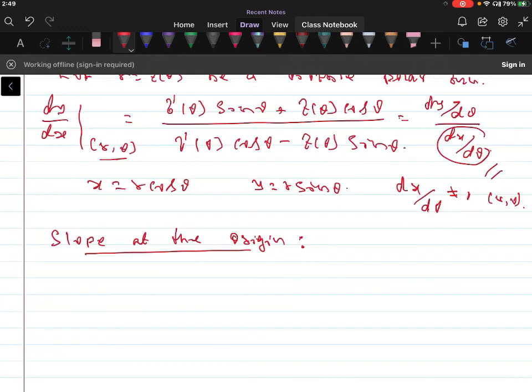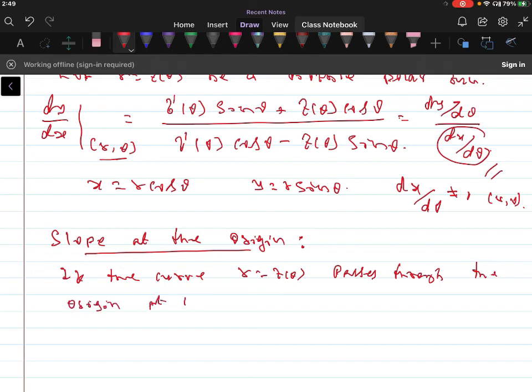So let us move to the slope at the origin. If the curve r is equal to f of theta passes through the origin at theta is equal to theta naught, then f of theta naught is equal to 0.